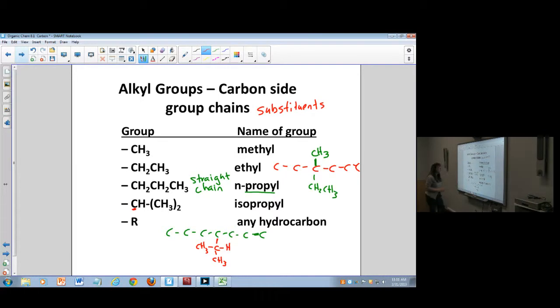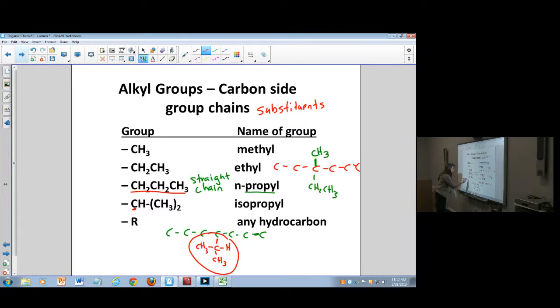And so that's not the same thing as the straight chain. It's branched right here. We'll look at some of this, but I just want you to see the difference between N-propyl and isopropyl, isobutyl, whatever we're talking about.